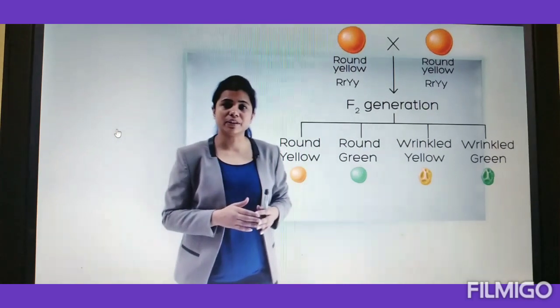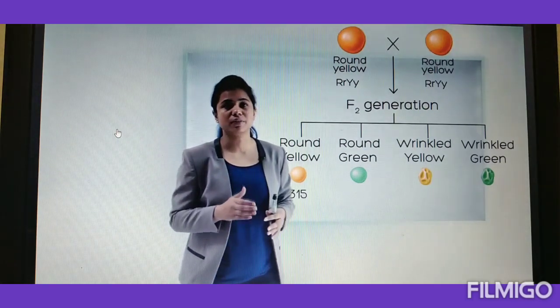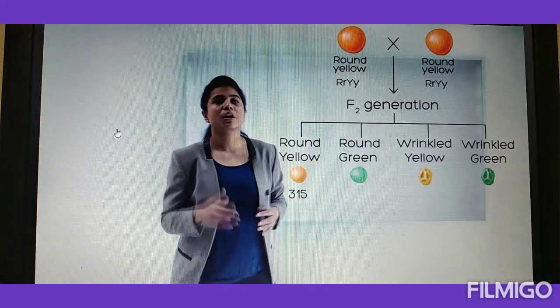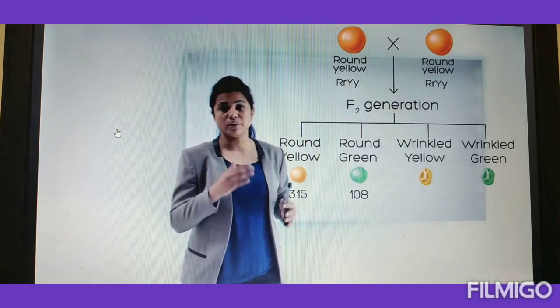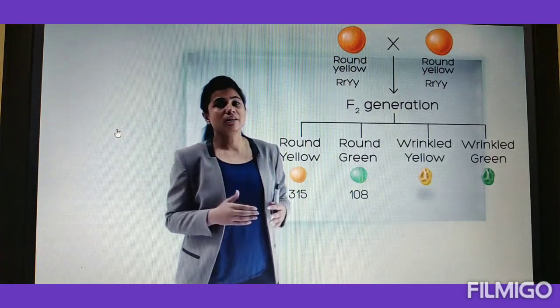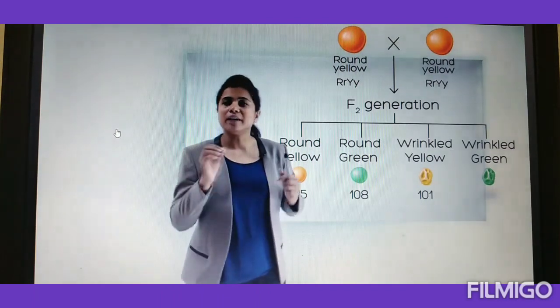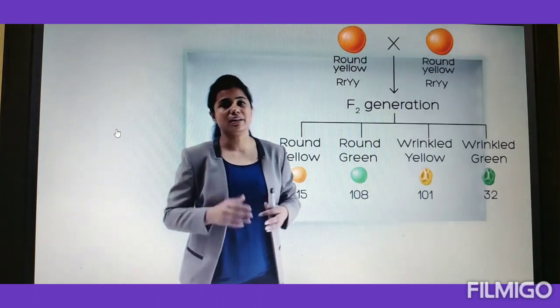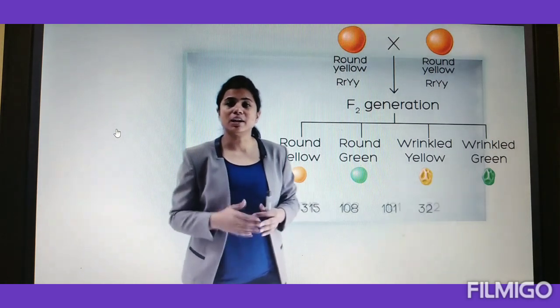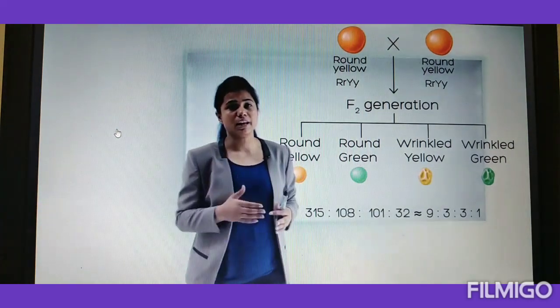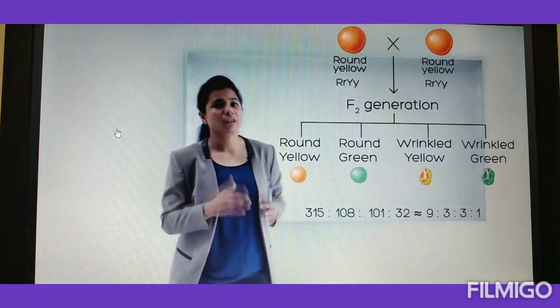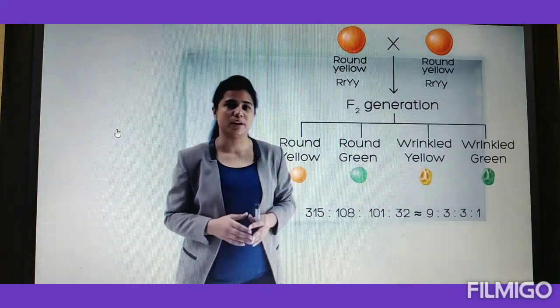Out of 556 plants, 315 plants were round and yellow, 108 plants were round and green, 101 plants were wrinkled and yellow, and 32 plants were wrinkled and green. When he calculated the ratio of this, he got the ratio of 9:3:3:1. Now let's use the Punnett square to understand how Mendel got this ratio.